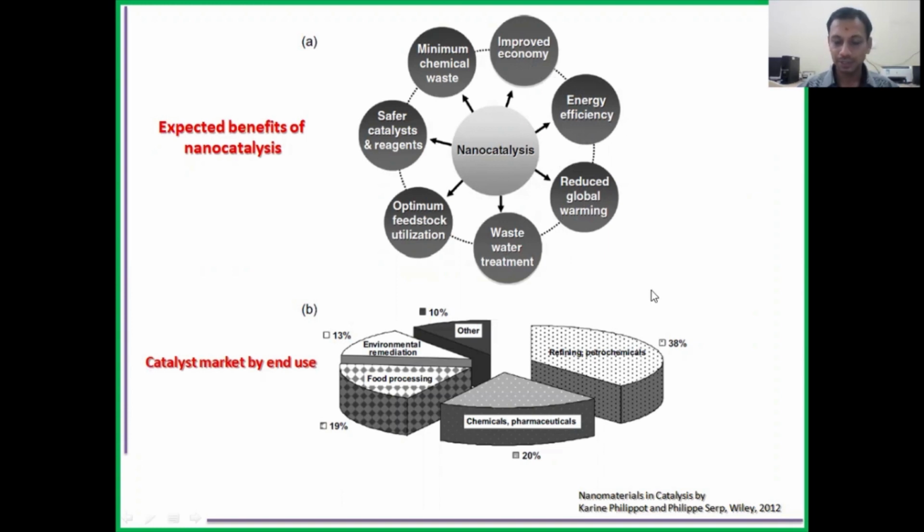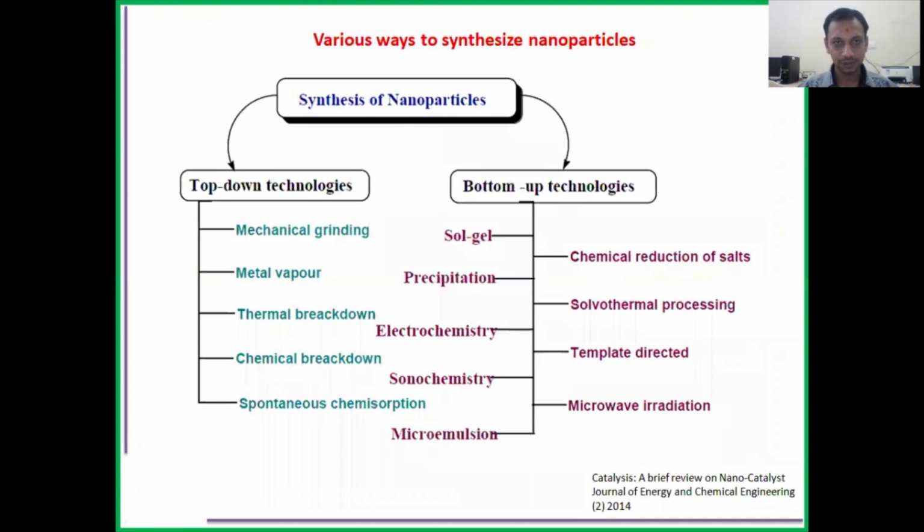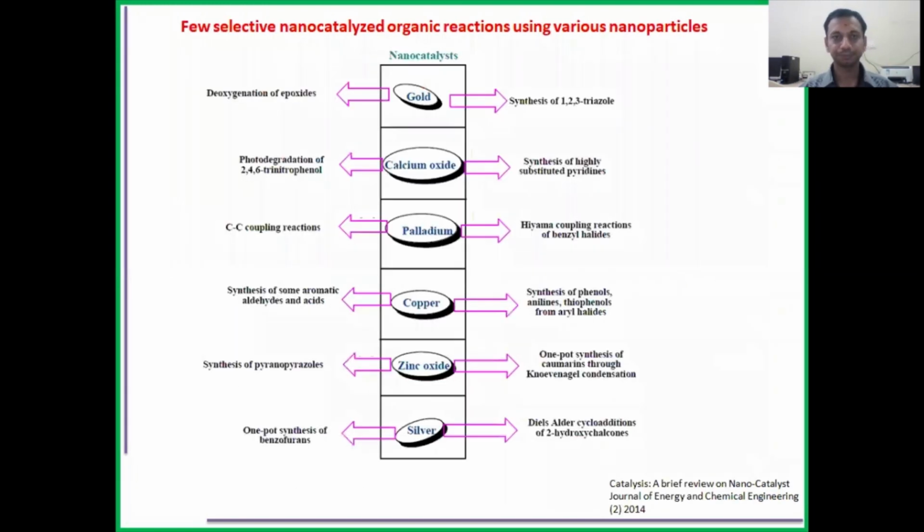By using these nanomaterials in catalysis, there are many methods by which we can synthesize the nanocatalyst. As I discussed, top down and bottom up, and here are different examples of methods that are very useful to synthesize nanoparticles. Everyone knows about sol gel, precipitation method, sonochemistry, microemulsion.